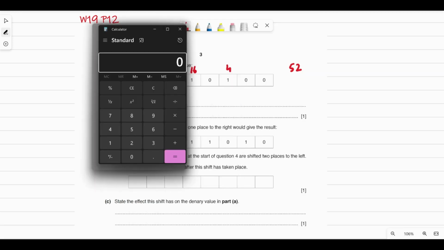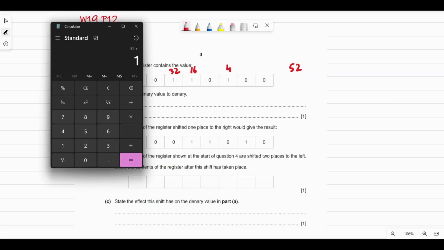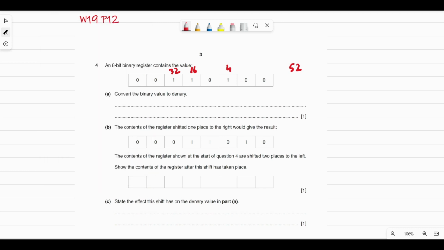I'll confirm it from the calculator: 32 plus 16 plus 4 is 52. So the number is 52. You just have to write it this way.